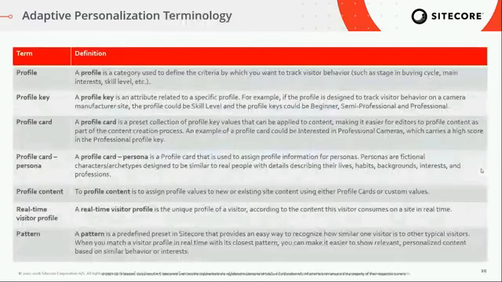All right, some other terminology you should be aware of when you're going to create personalization based on an adaptation of where that visitor is going through your site. Adaptive personalization terminology. What is a profile? Category, so that we can decide what kind of criteria we want to track their behavior. Like, what's your interest?